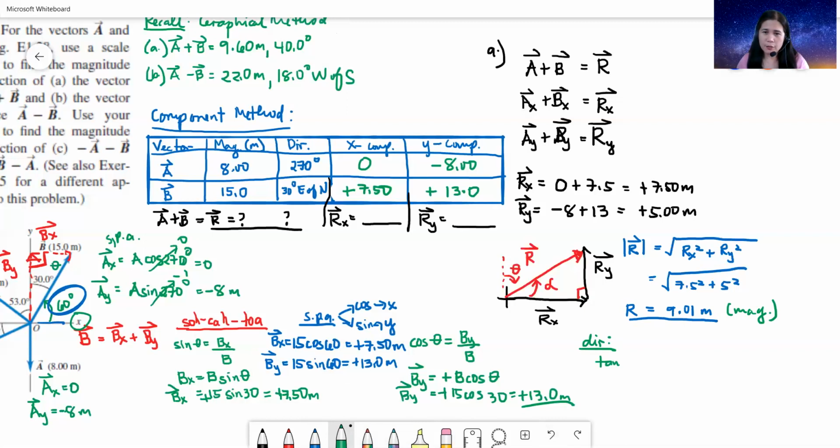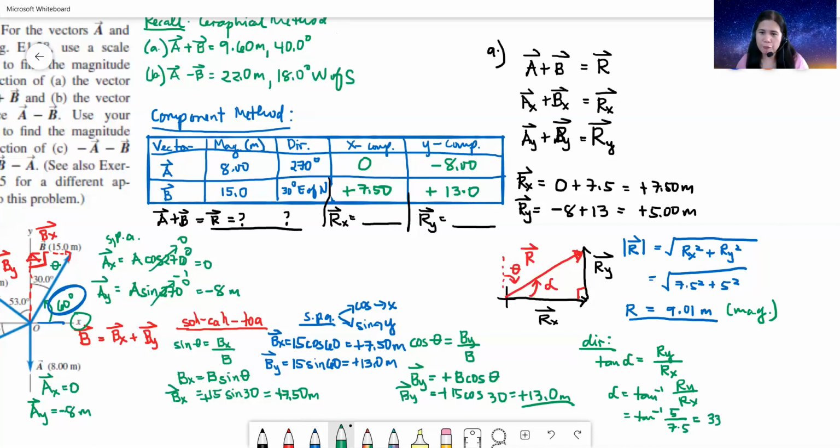So the tangent of angle alpha, the opposite side is the magnitude of Ry. And the adjacent side is Rx. So alpha therefore is just arctan of Ry over Rx. So this is tan negative 1 of 5 over 7.5. Alpha is given as 33.7.